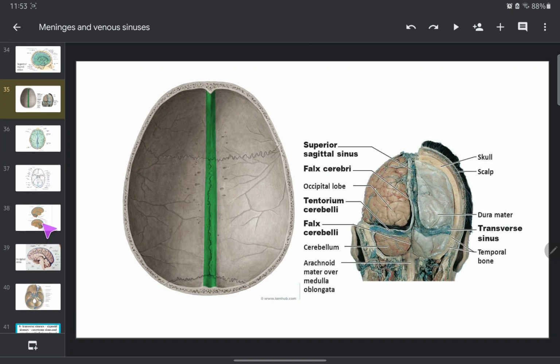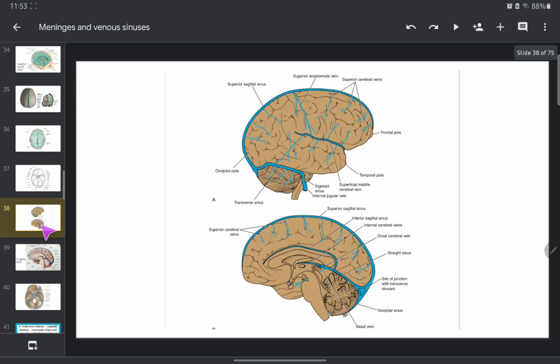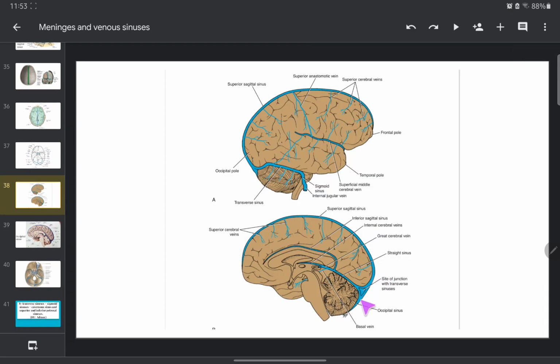Now, the last one of the singular, or midline, dural venous sinuses is the occipital sinus, which is a very small sinus located in this area here. It originates by draining the paravertebral veins.